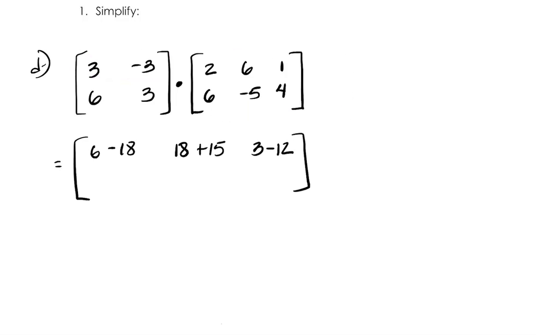To find the values on the second row, we are going to multiply the second row on the first matrix by each one of the columns of the second matrix. First, we're going to multiply 6 times 2, and we get 12. And then 3 times 6, and we get positive 18.